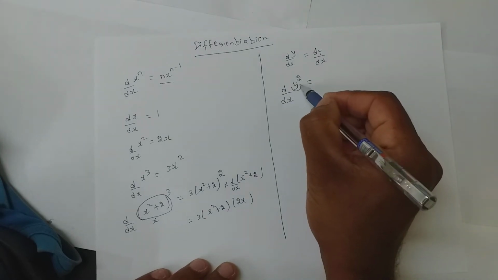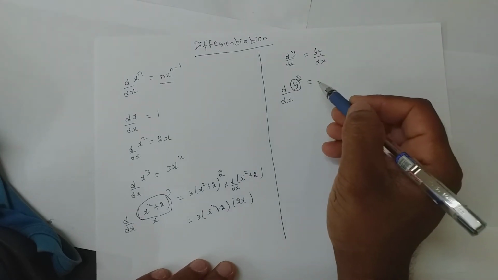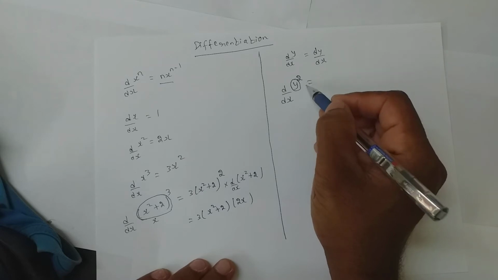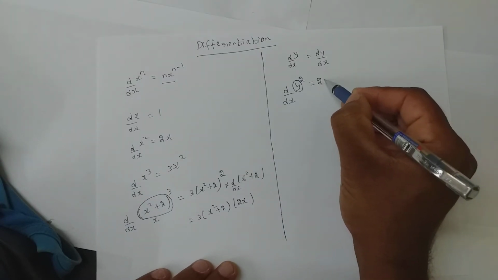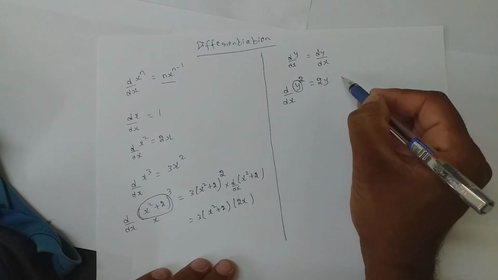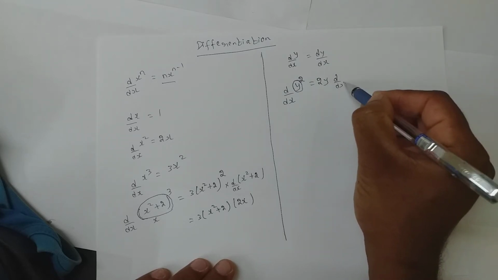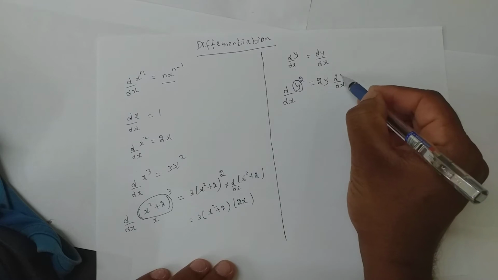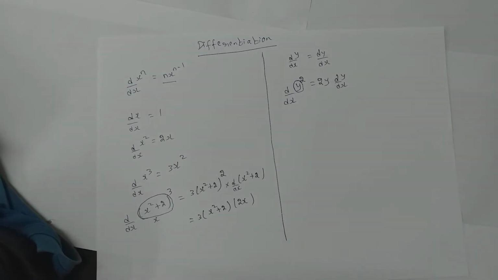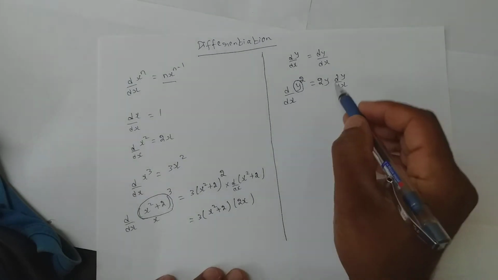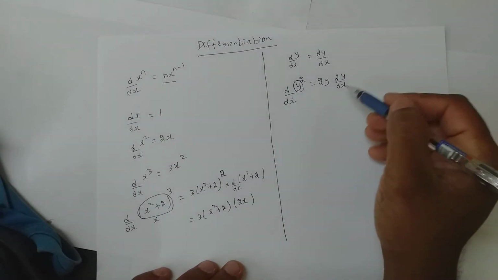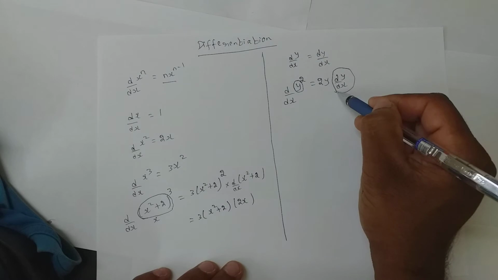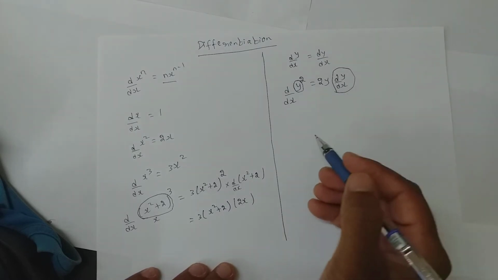In place of x, you assume it to be y. So now it is of the form x square. What is x square differentiation? 2x. So here 2y into d by dx of, in place of x, whatever you considered, that should be kept. So it cannot be simplified further. This internal part is what I am trying to tell you here.